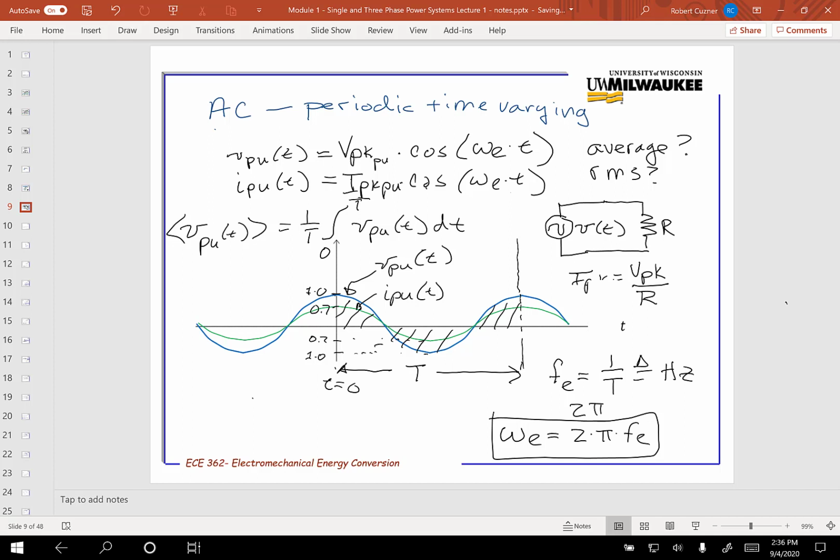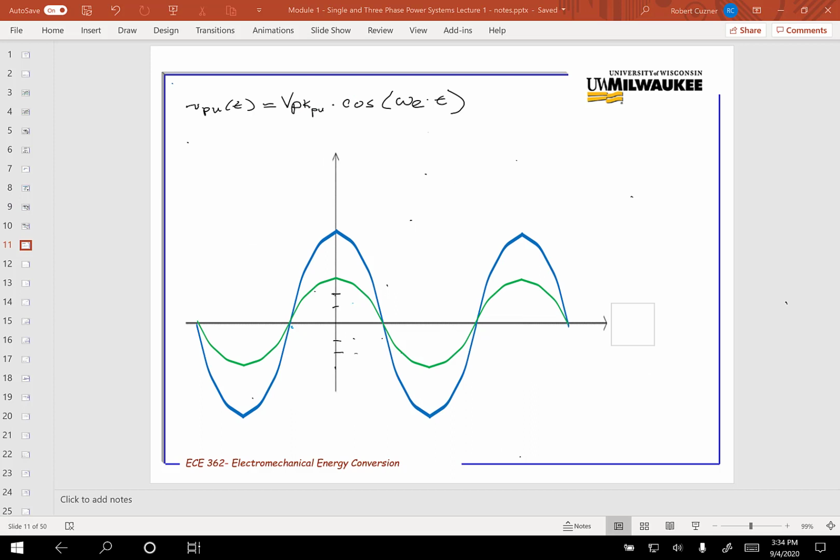So that's mathematically the same thing as saying add up the areas under the curve around 0 and then divide them by t. Well, obviously, because these areas are equal and this positive area equals that negative area, it's going to be 0. So average is not a good choice to use.